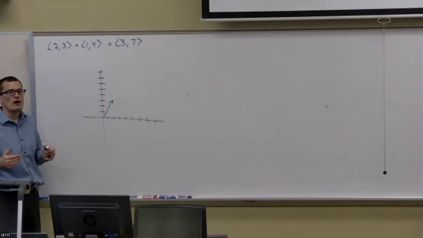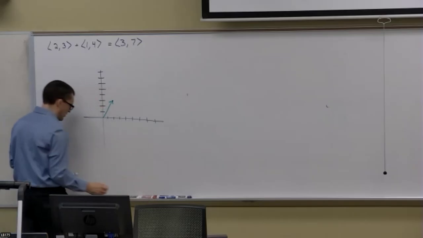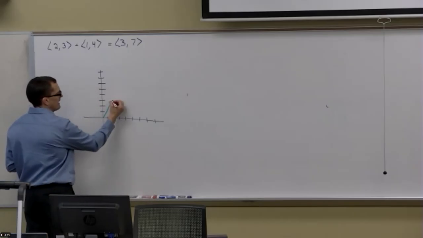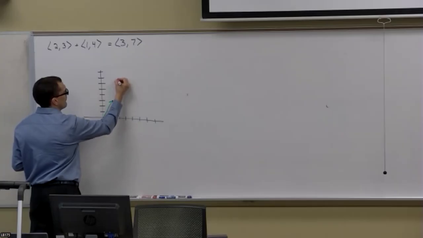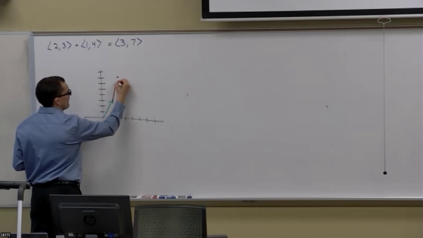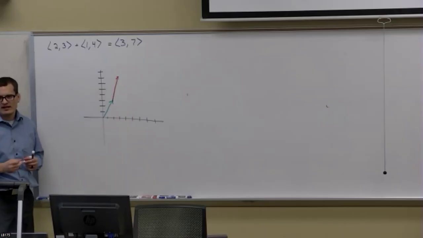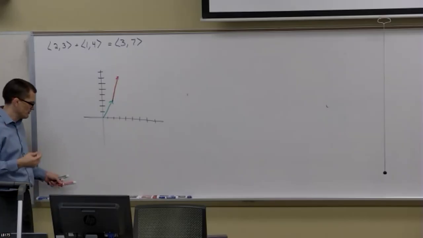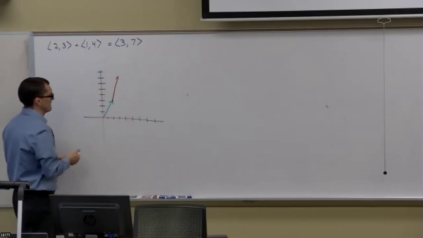When I add 1, 4 to that, basically I think of starting at this point where I ended, and then moving over 1 unit to the right, and then in this case 4 units up. So it's like I'm tacking on the other vector that way. Does that make sense? So these two vectors combined give me the vector 3, 7.